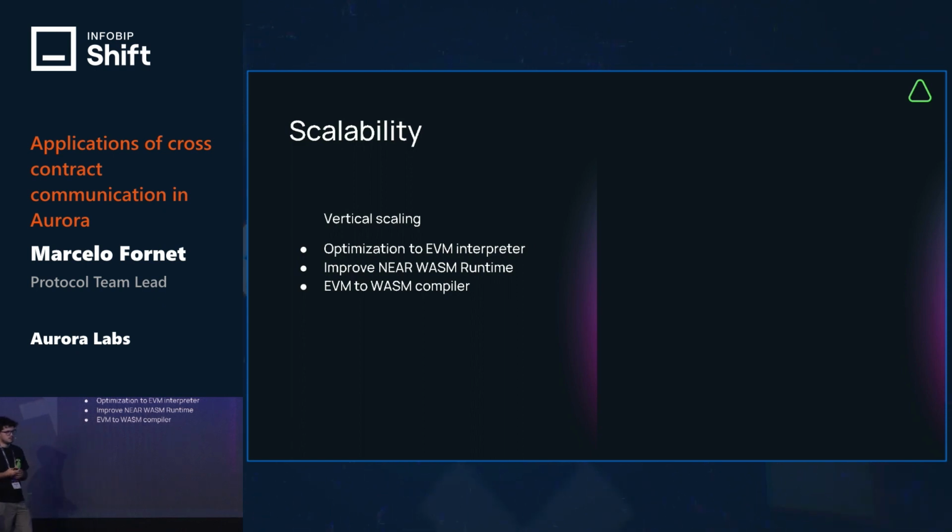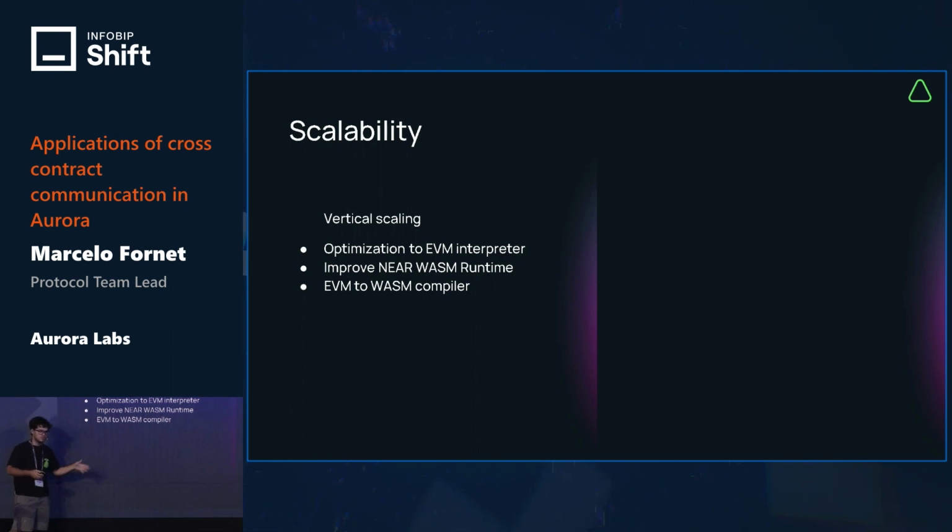But we have been doing some experiments and have found that our interpreter is not efficient enough. It's definitely not easy to make it faster, but that's one of our current focuses. We have also been working with the Near runtime team on a new application. This is actually very recent.